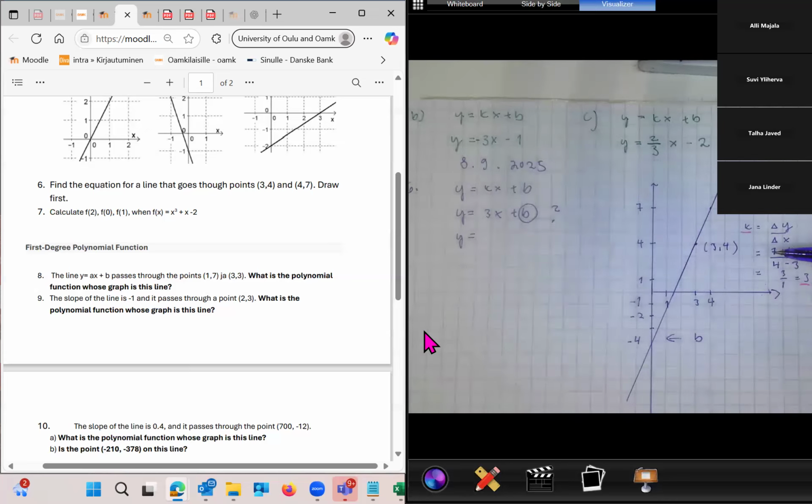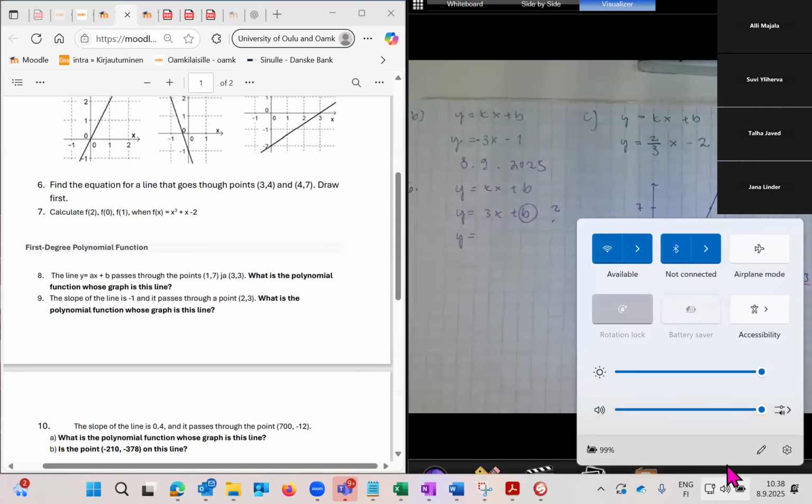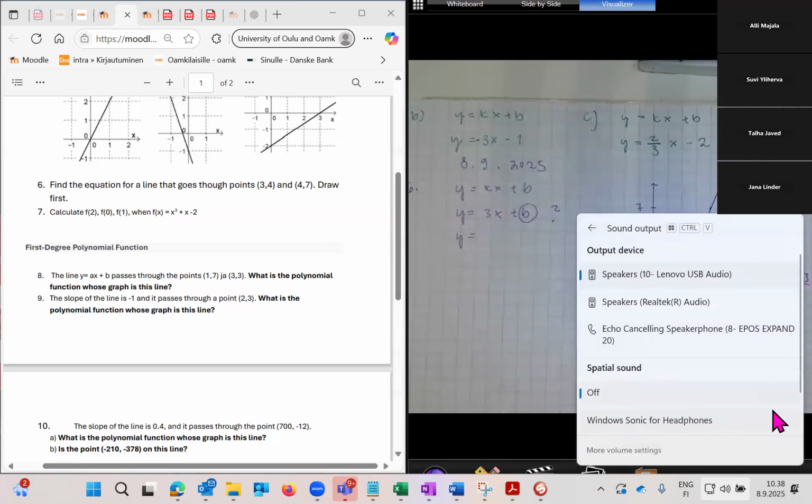I'm talking about the axis. I just can't see what I did wrong. I really don't hear. Maybe I'm quite technically challenged, I don't know why it's so difficult to hear from this.